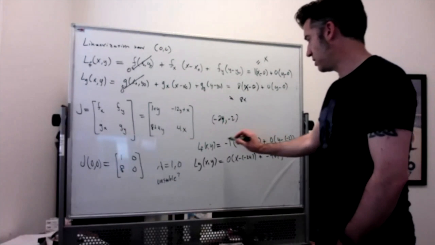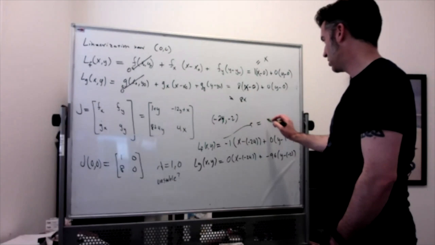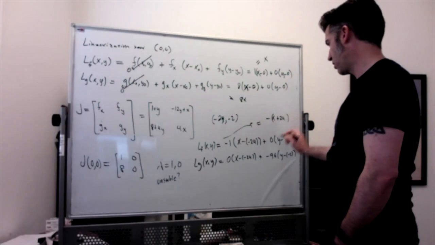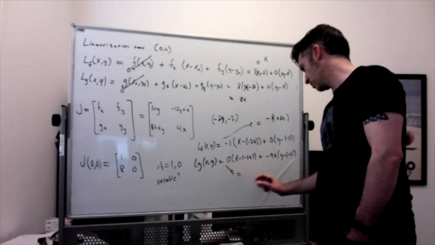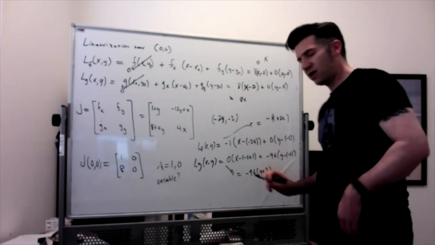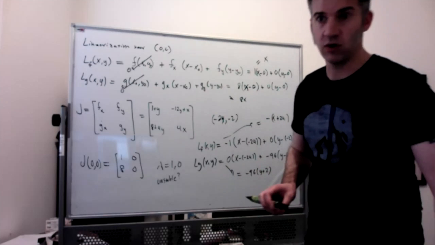So here, this one's equal to negative x plus 24, and this one's equal to negative 96 times y plus 2. Kind of strange linearizations, for sure.